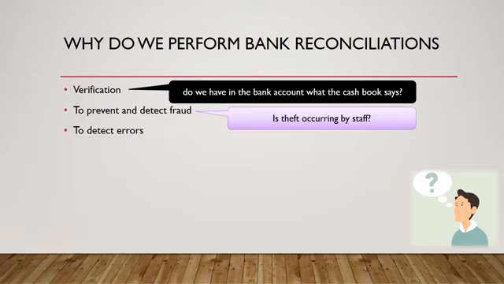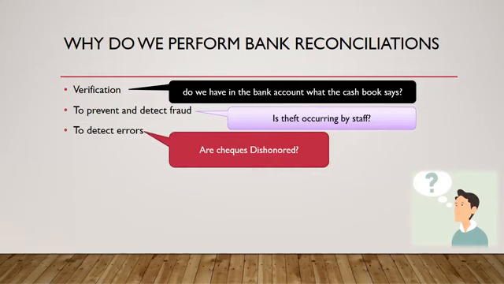Let's go then to detect errors. In detecting errors, we mean, are checks dishonored? Let me explain what a check is first of all. A check is a legal document which is made by the bank.